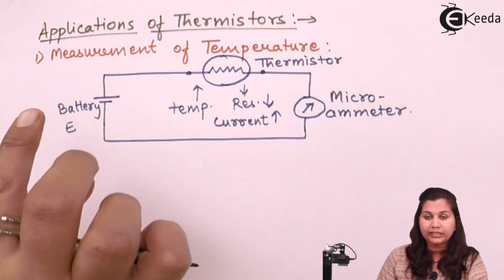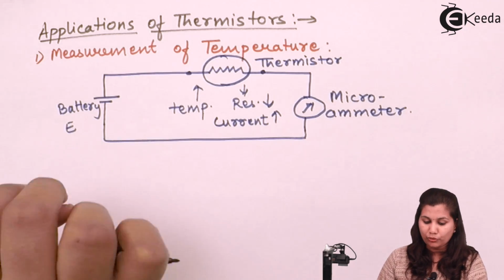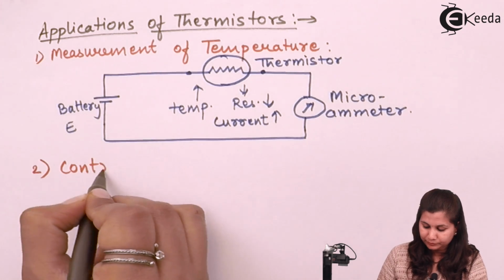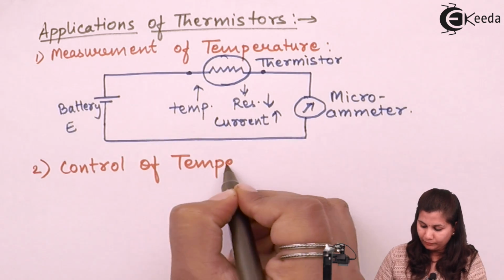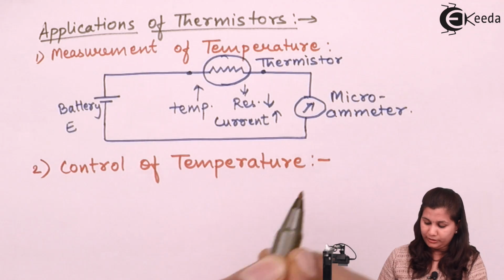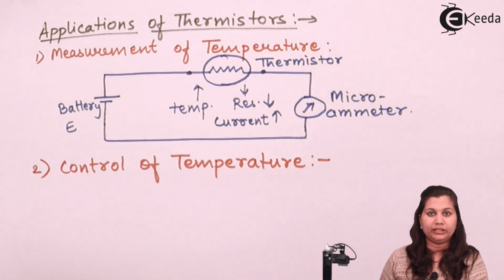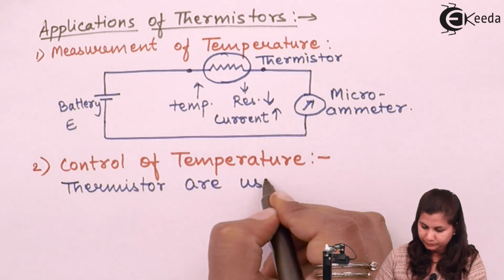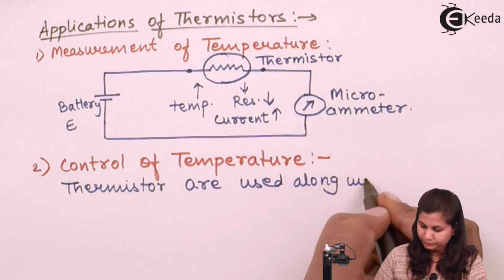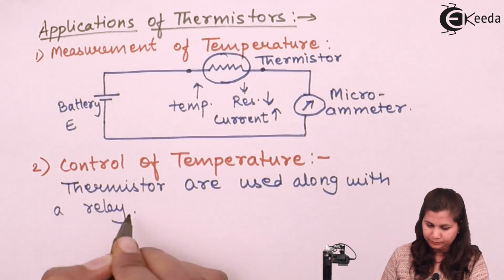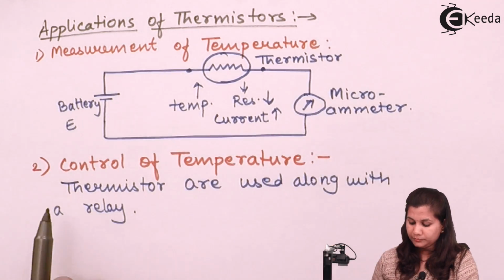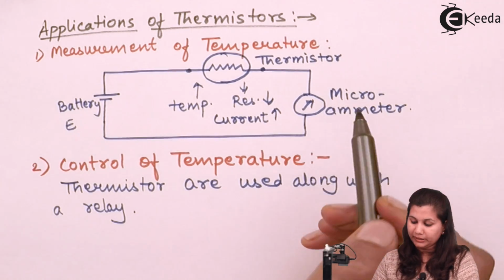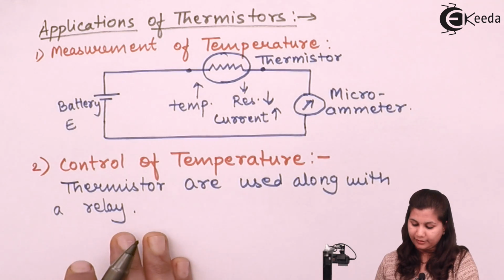Also, not only for the measurement of temperature but also for the control of temperature, thermistors can be used. For this application, the thermistors are used along with relays. So here, for the control of temperature, thermistors and relays are used. This microammeter is replaced by a relay circuit. Okay.